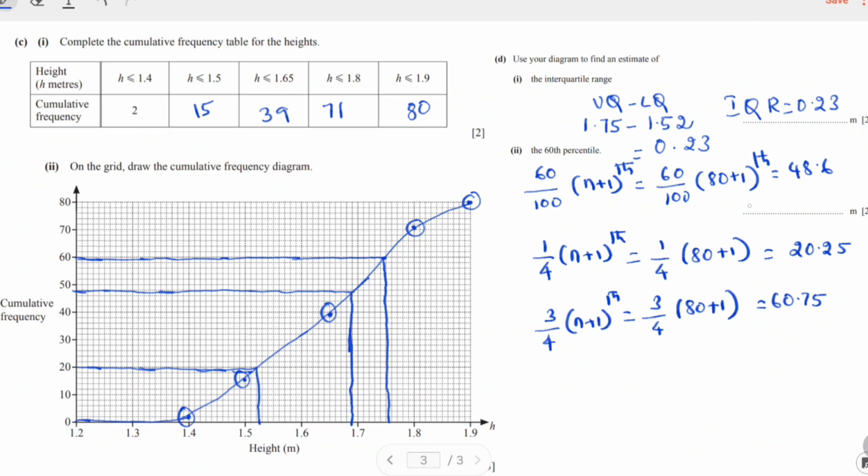The interquartile range is 0.23. Use a ruler to find these values.